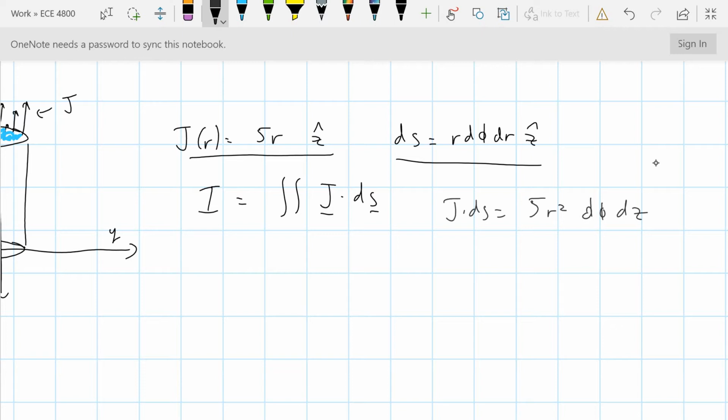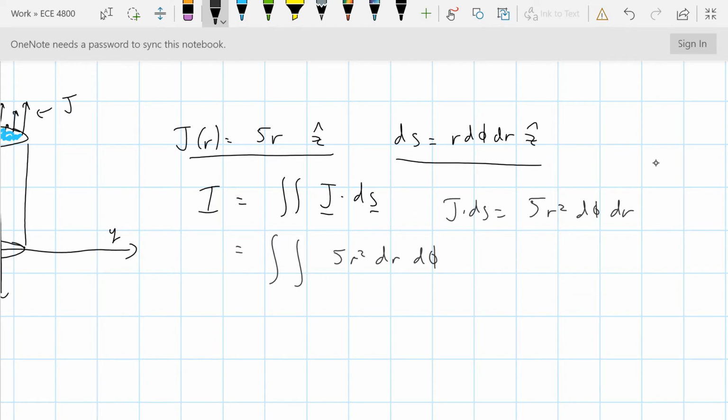I'm sorry? Oh, d phi dr. Thank you for that correction. d phi dr. Now we're going to integrate this, 5r squared. I'll put the dr in here and then d phi on the outside.